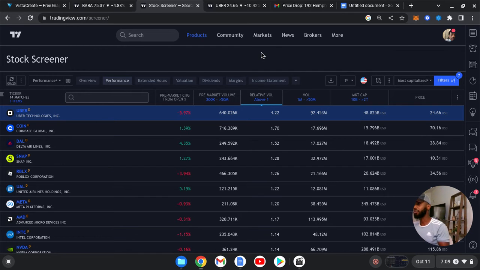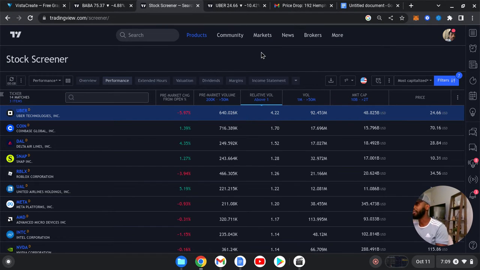And then there is pre-market volume. I want that at least above 200,000. And the reason for that is I want to make sure that there were a lot of people interested in this even before the market opened up.